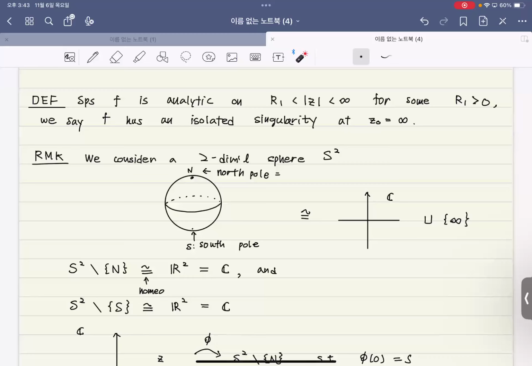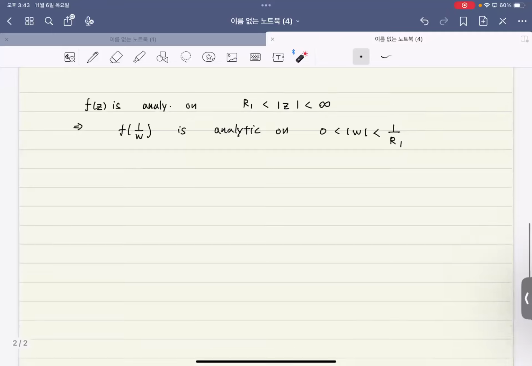So for future purposes, I am introducing the notion of the point at infinity. If your function is entire, then on the other side of the sphere the function fails to be analytic at the origin, right? And vice versa.